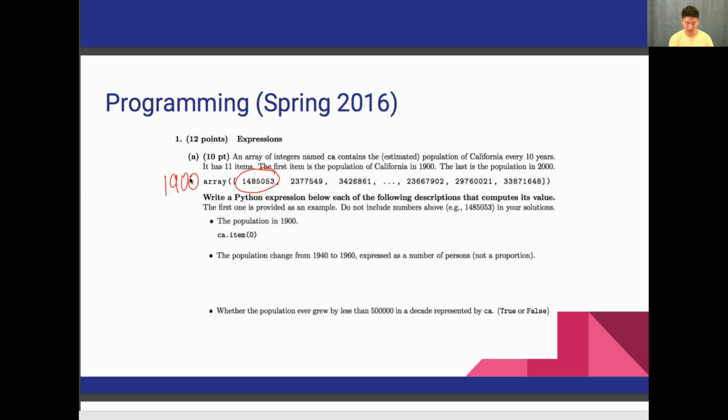So the population in 1940 is ca.item(4). And the population of California in 1960 is ca.item(6). To get the difference, we just subtract the two, and that's our answer as a number of persons. So it's going to be ca.item(6) minus ca.item(4).